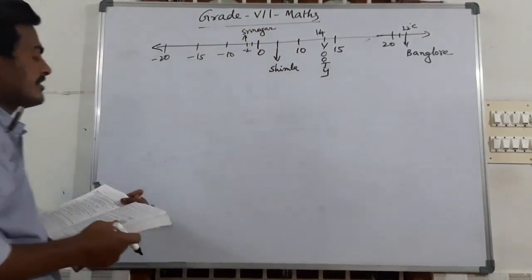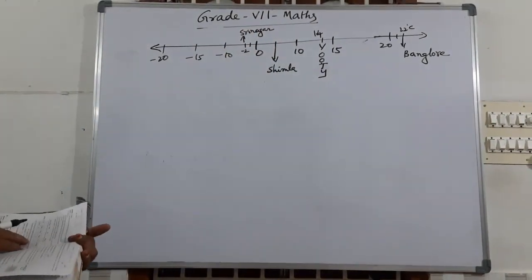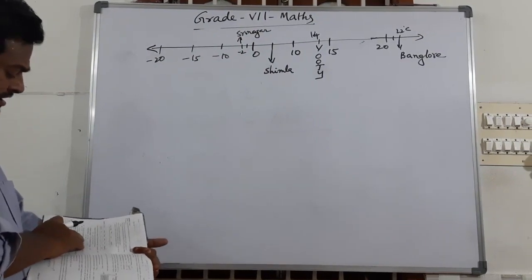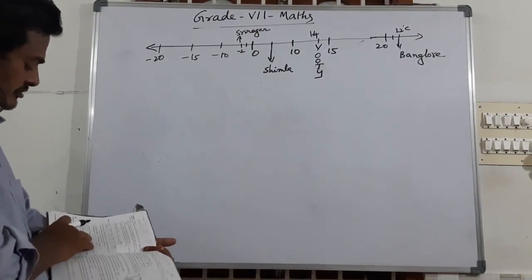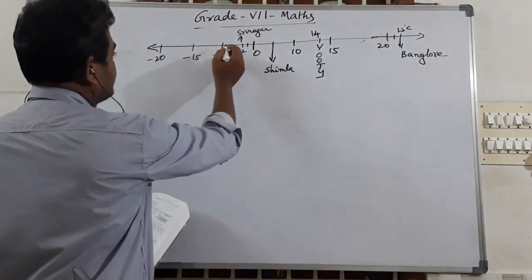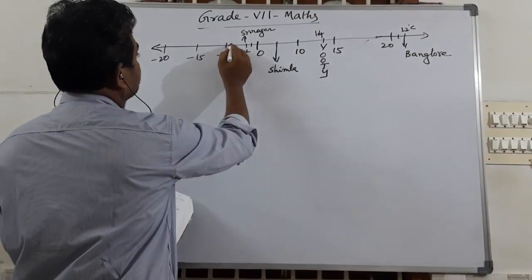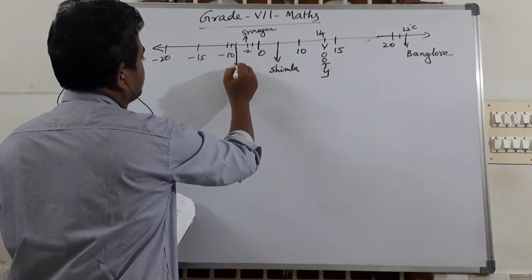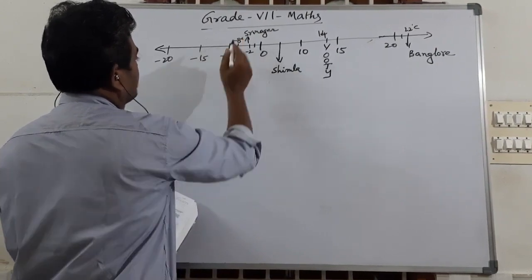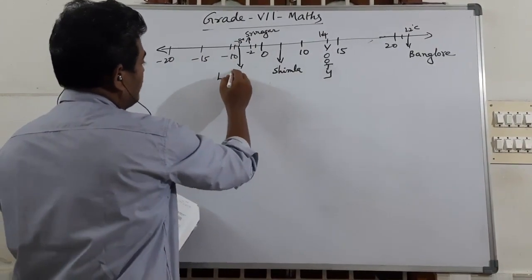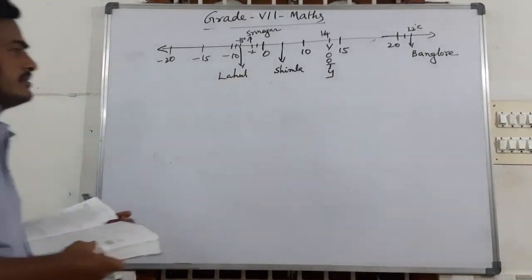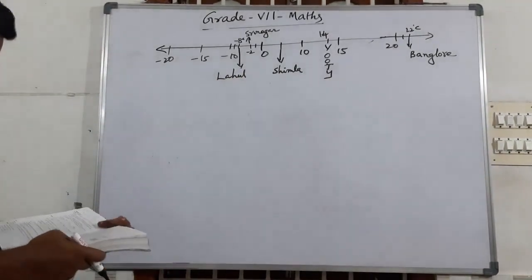And one more is given, minus 8 degrees, Lahul Spiti. So this is minus 8 degrees Celsius, Lahul Spiti. Like this they have given in the number line.